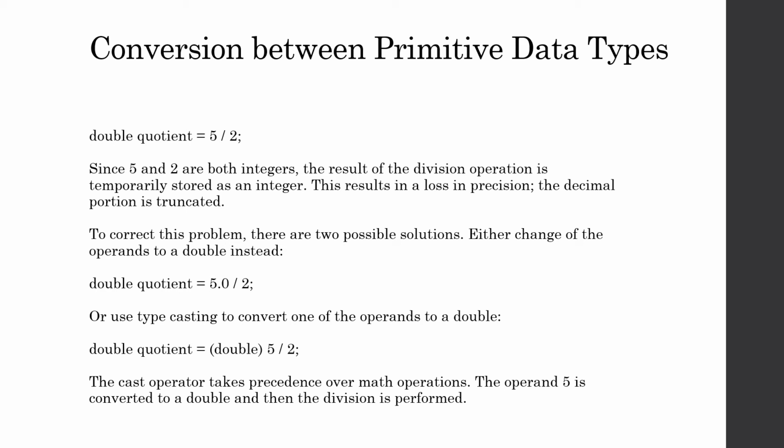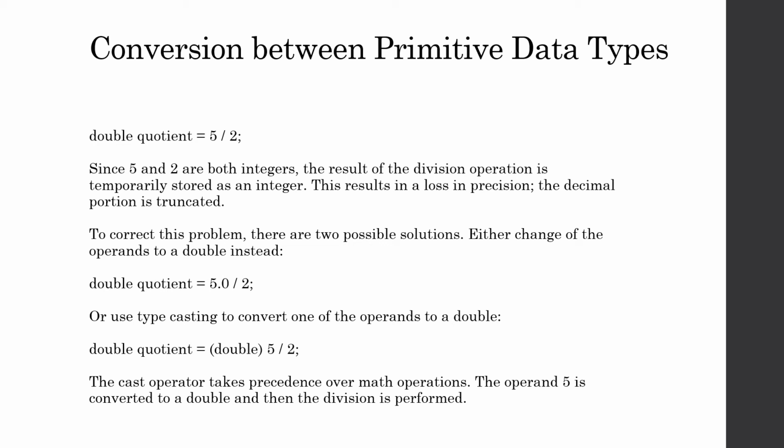Something as simple as that actually fixes this problem. The alternative is that instead of rewriting them as double literals, we can use the cast operator to force one of them to be treated as a double. So in this case, we see double quotient is equal to, and then we have that double as the cast operator. That's going to take the value 5, currently an int, force that to be treated as a double, and then it's going to perform the division by 2.